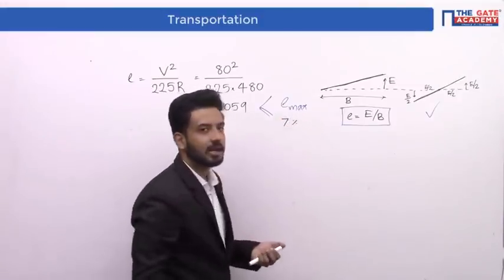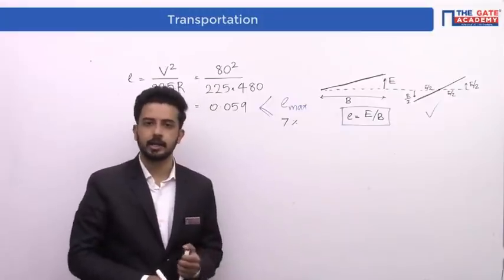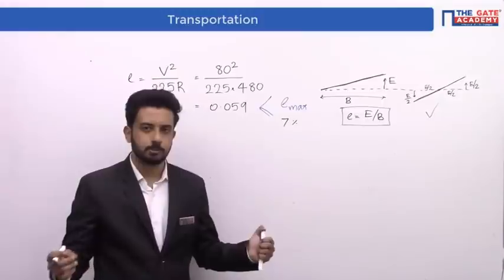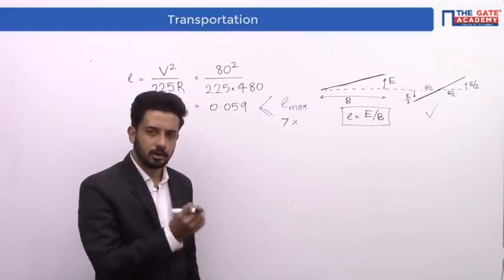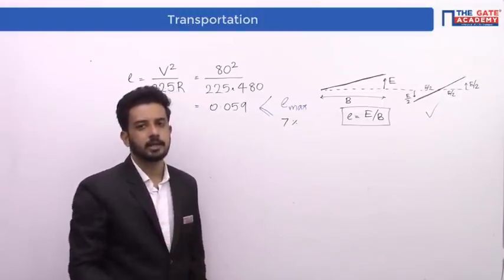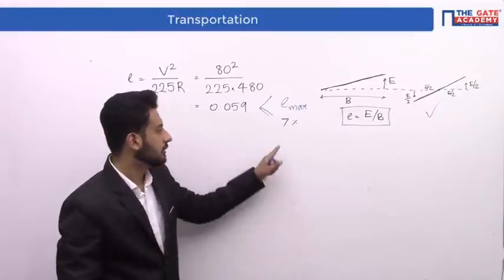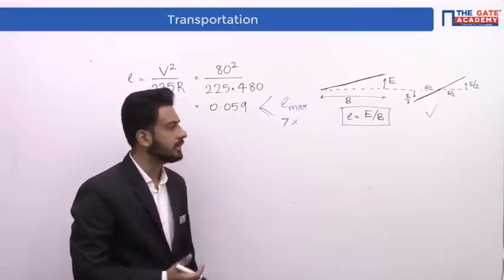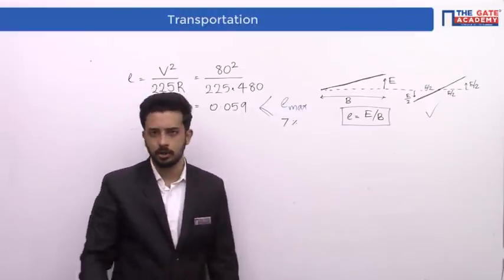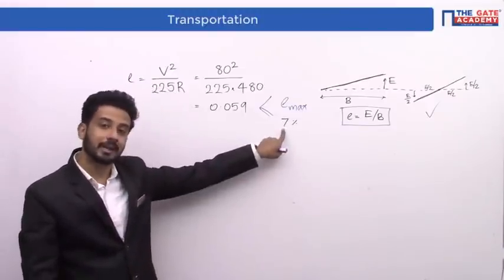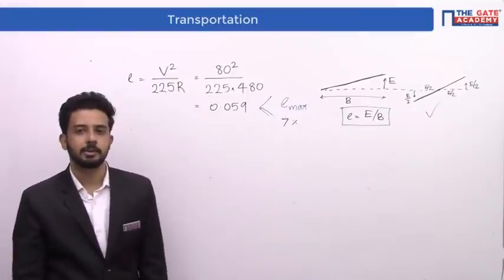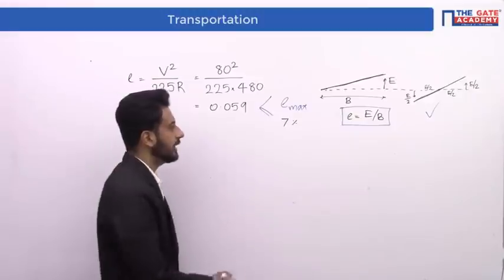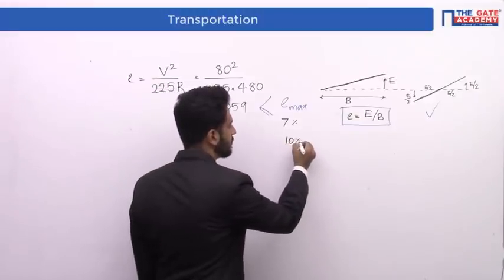What is the value of Emax? It is 7% for plain and rolling terrain. If they are not telling anything regarding the type of terrain, we'll assume it is plain or rolling terrain, and the maximum value is 7%. Suppose it is a hilly area, then that value is 10%.